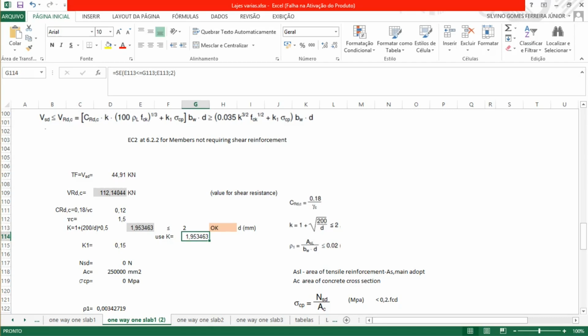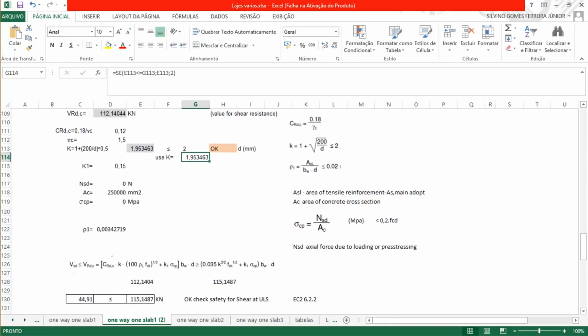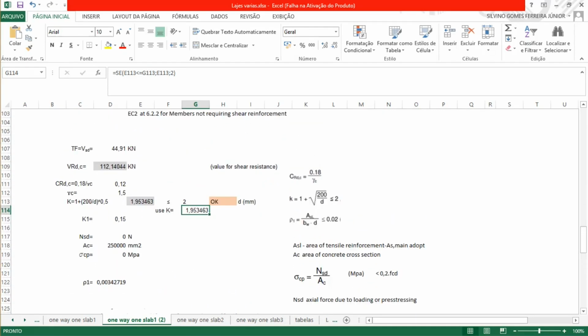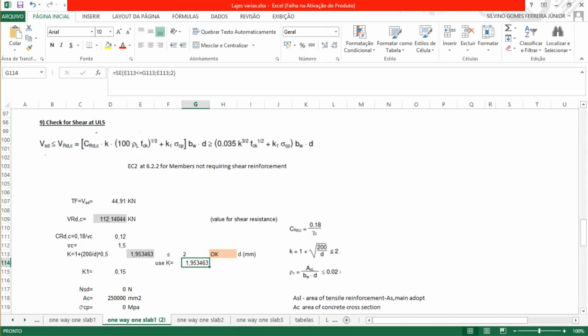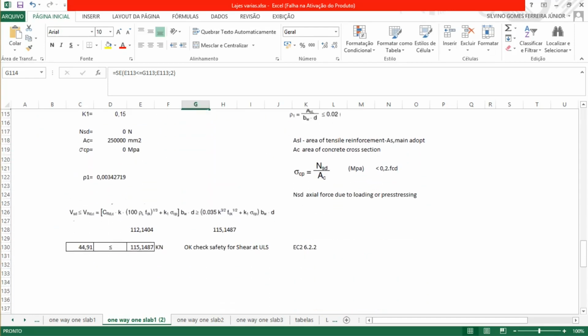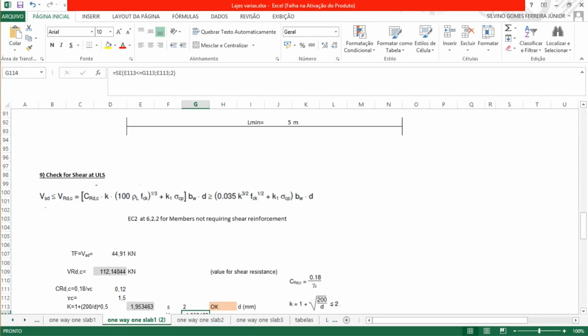So we use this k here, multiplied by 100 rho of the longitudinal reinforcement. In this case we don't have axial force, so it will be 0 here, and on the other side 0 too. The fck is 30 elevated to 1/3.